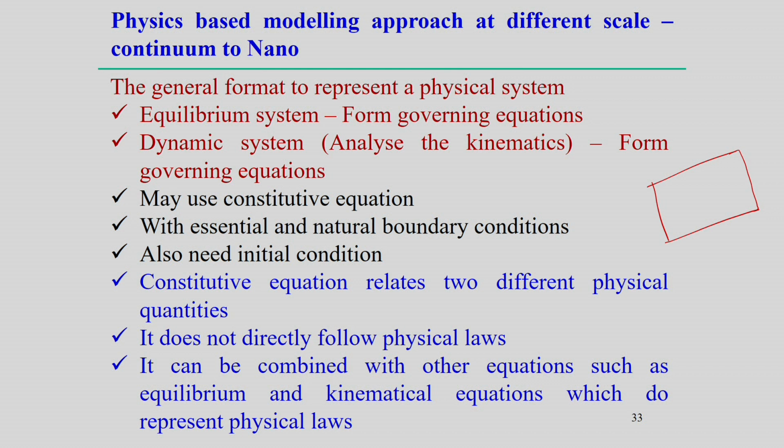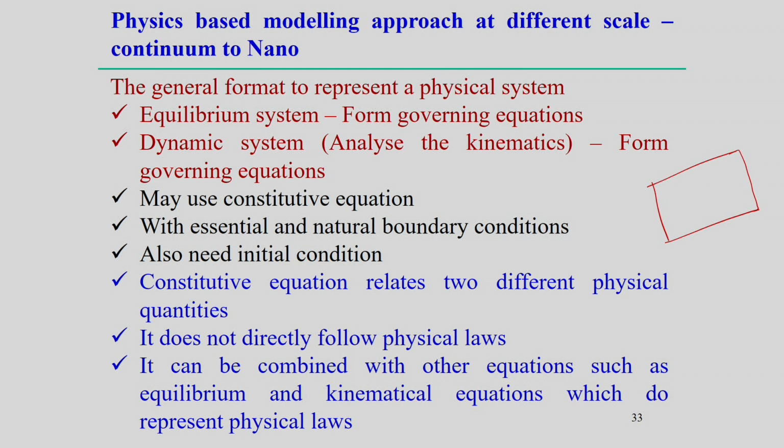Once we represent a particular system in terms of the governing equations, we try to find the solution of the equation. Once we get the solution, we can get the distribution of this variable. This governing equation can be solved numerically or analytically, but when there is no analytical solution because of the complexity of the problem, we can go for the numerical solution.